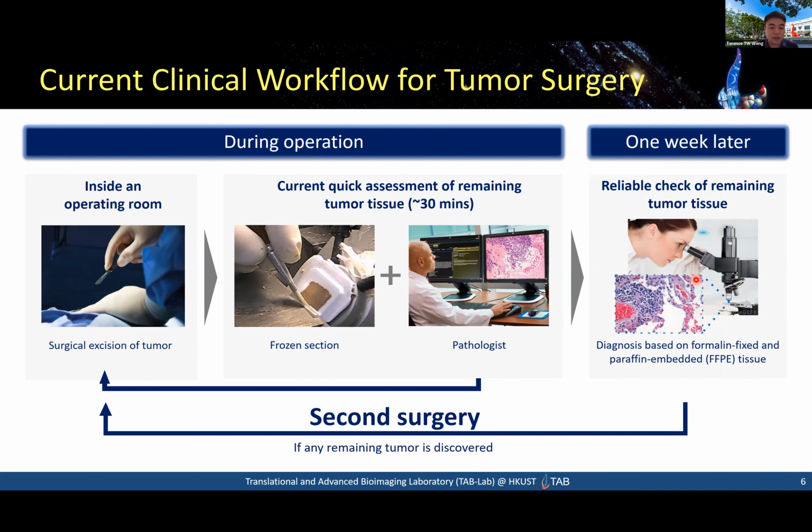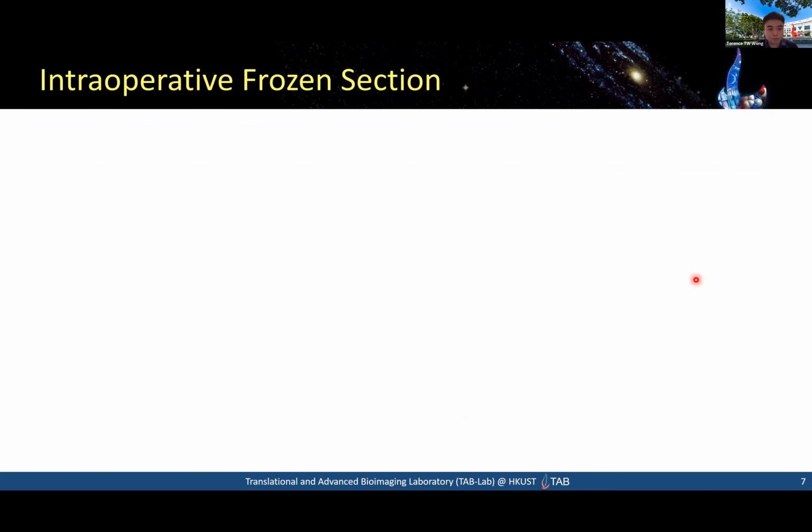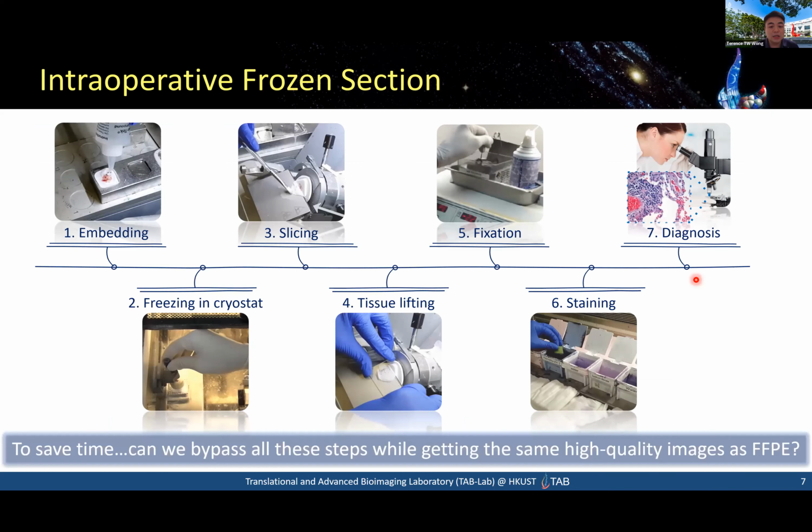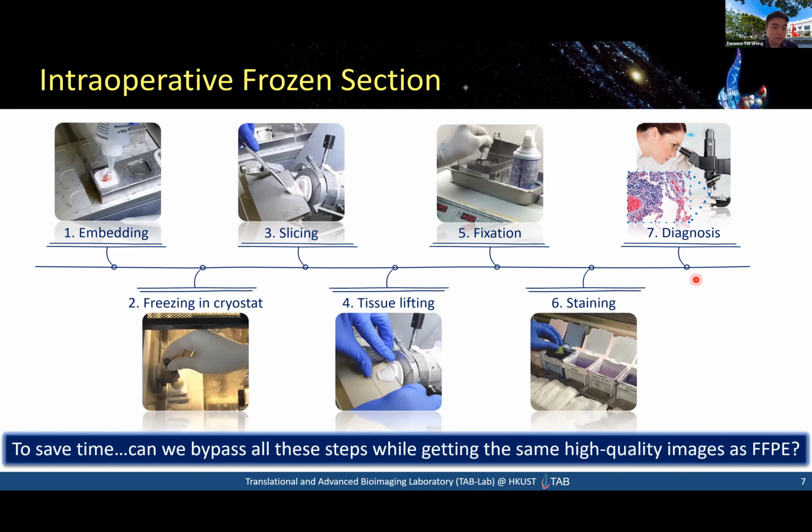So please come back for second surgery. The problem with the frozen section is that it is indeed a very lengthy process. So we ask ourselves, if we want to revolutionize the histopathology domain, is it possible to bypass all these steps? Because it's still a 30-minute step.